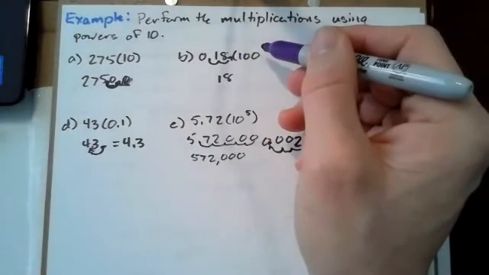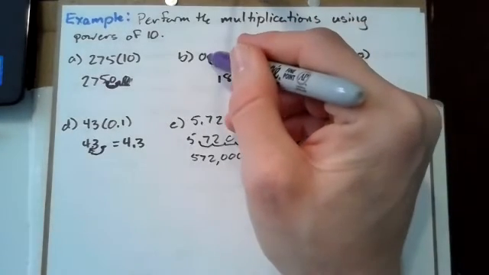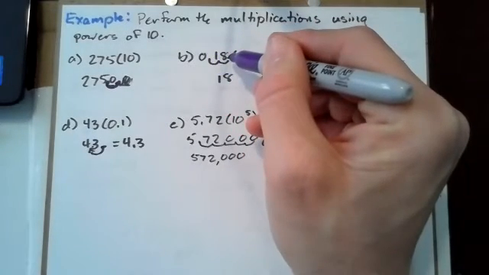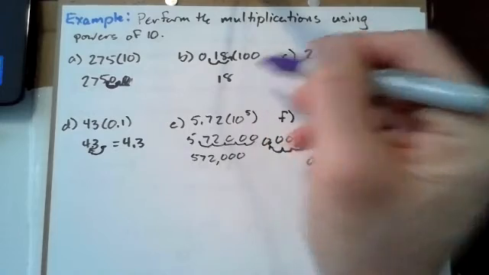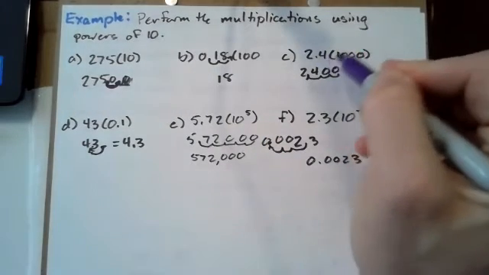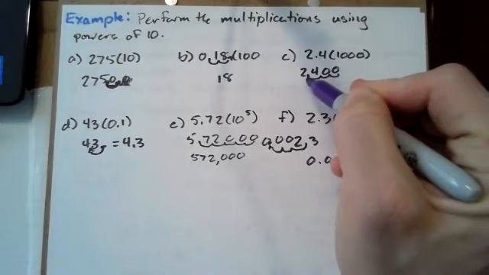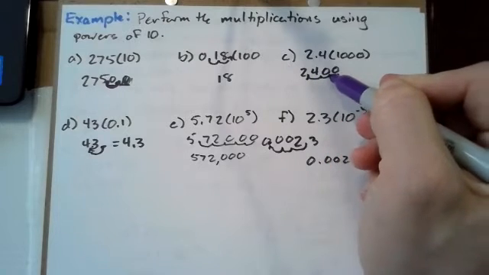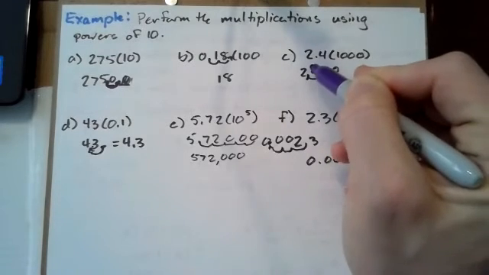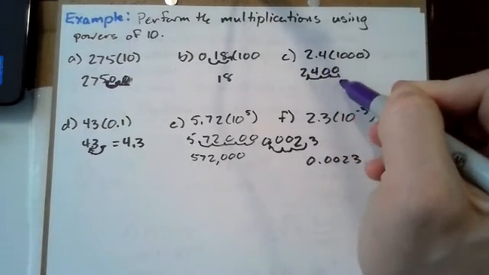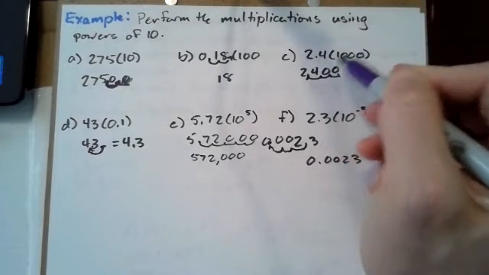For 0.18 times 100, I take that decimal point and move it 2 spaces to the right. That gives me 18. 2.4 times 1,000, I move the decimal place 3 spaces to the right. 1, 2, 3. And now I have to add a couple of zeros. So I get 2,400.